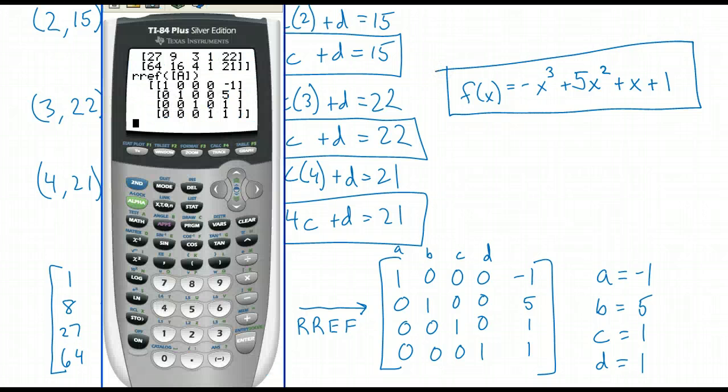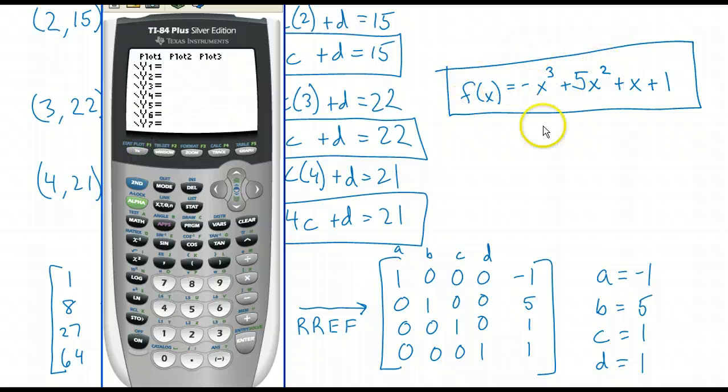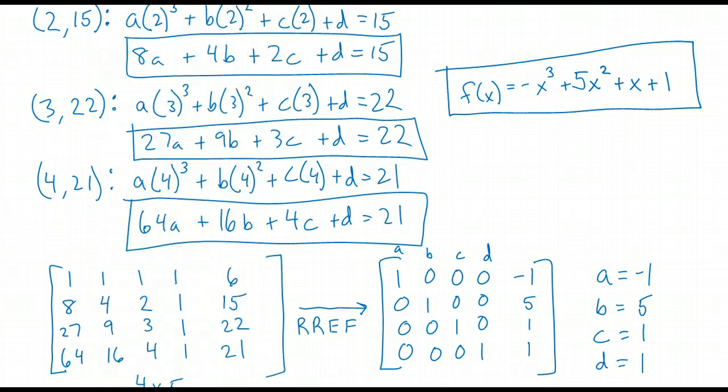I can always check that answer by graphing this equation: negative x cubed plus 5x squared plus x plus 1. Go to Zoom Standard. And let's test our points.